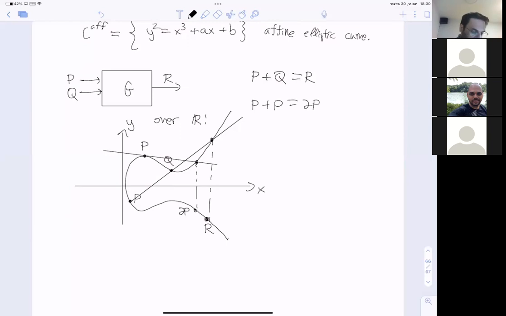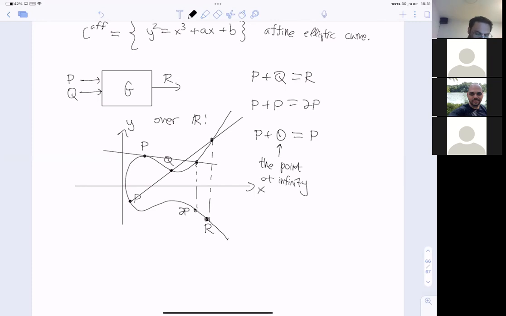I mean, which does not exist when we look at the plane. And this point will be considered as the neutral element. So P plus O, where O is a point at infinity, should be equal to P.